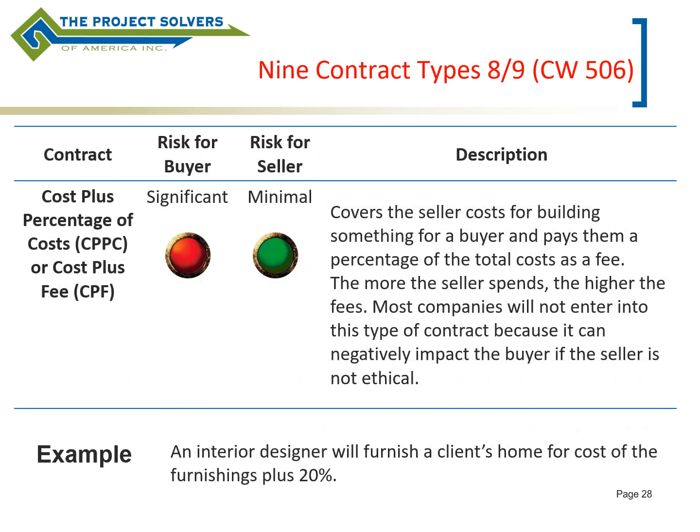And then there's cost plus percentage of cost, which is also called cost plus fee. And this has a significant amount of risk for the buyer. If you remember that graph again, this was at the far left, representing the most risk for the buyer, and the least amount of risk for the seller.